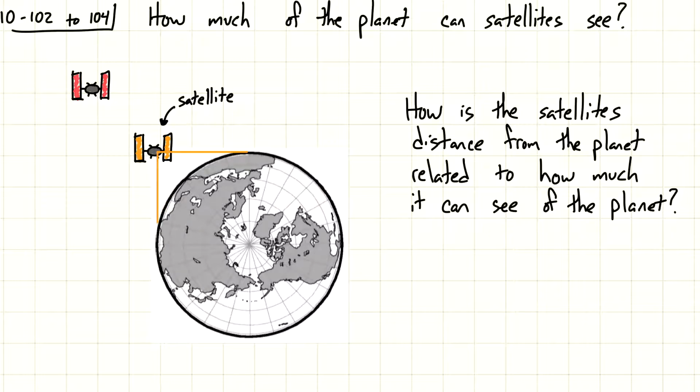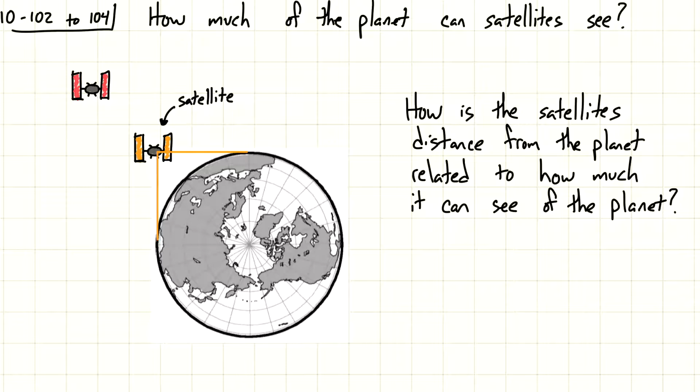There's maybe more it could see in the other direction. And so this kind of looks like it's limited to this much of the planet, right? So it's not even able to see most of the planet. In this case, it almost looks like maybe 1/4 of the planet at that distance.